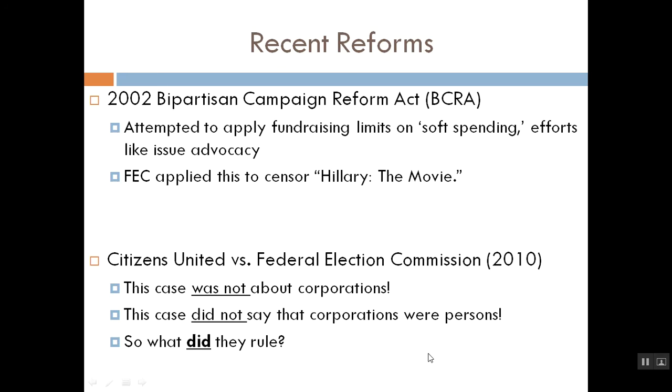Finally, the court basically tells us that there's no real evidence that these expenditures do have a corrupting influence. Now, again, if you're contributing them directly to candidates, that's a different story, because then you can quite literally buy votes.